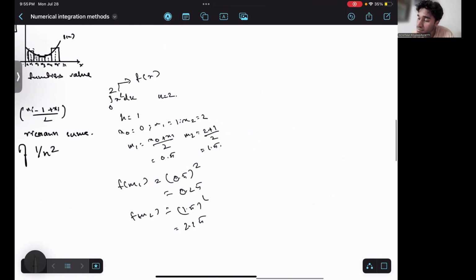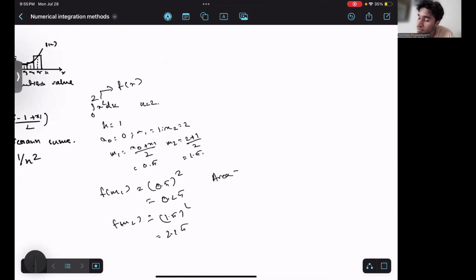Now, according to the midpoint theorem, the area will be approximately equal to h into the summation of i equals 1 to n, which is 2, of f of xi star, where xi star is none other than our m terms.